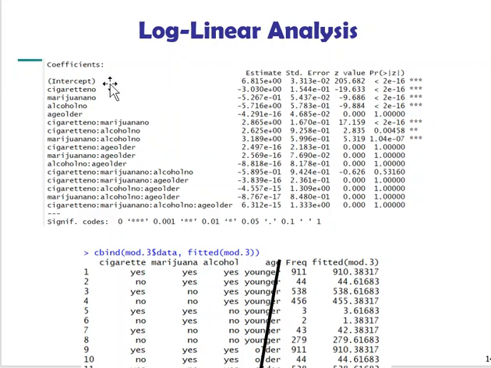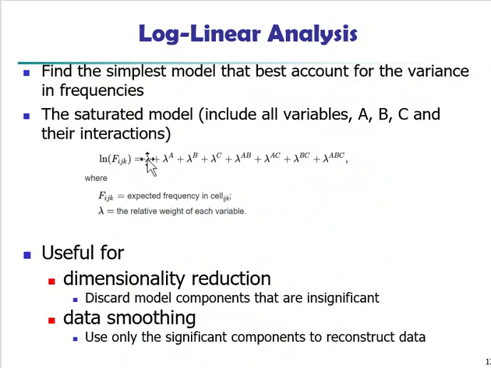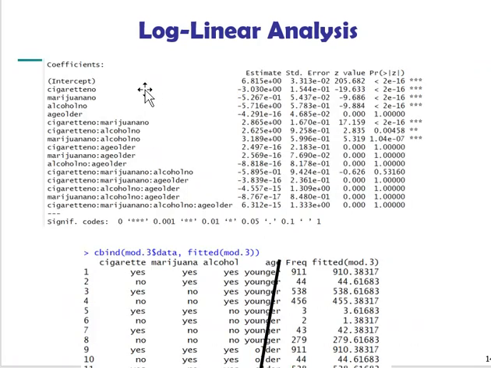So we can see this is the intercept, that's the very first lambda, right? And then we look at cigarettes, marijuana, alcohol, and age, their contribution to the model separately. And we can see that the age does not contribute anything significant, so therefore it's insignificant.